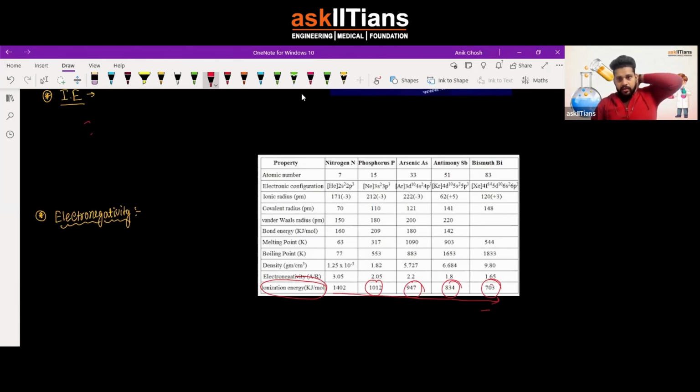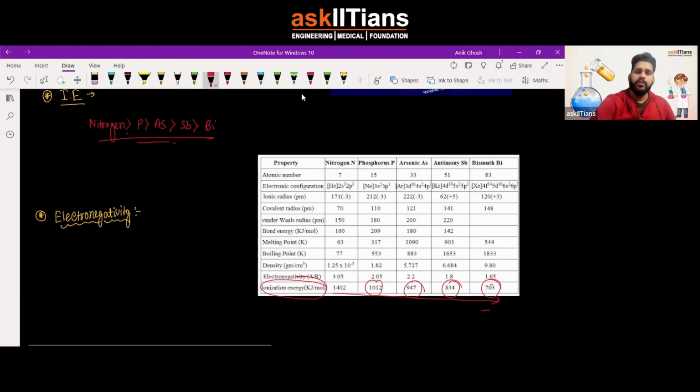The order would be, first, nitrogen. Even if we do not have these values, we know that when we move from top to bottom, the ionization energy decreases. So nitrogen, phosphorus, arsenic, antimony, bismuth. This should be the order of ionization energy.